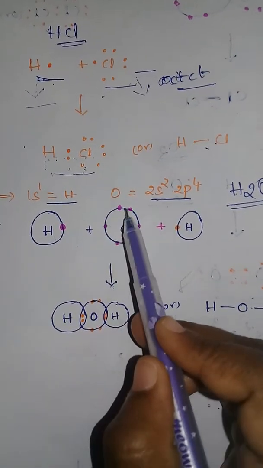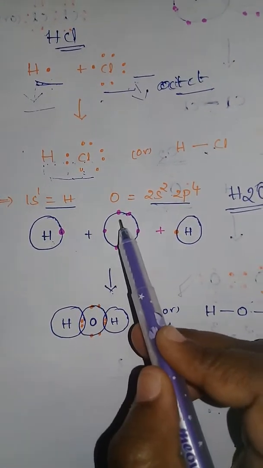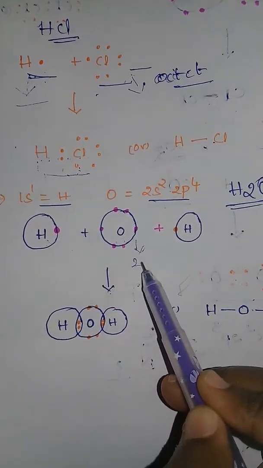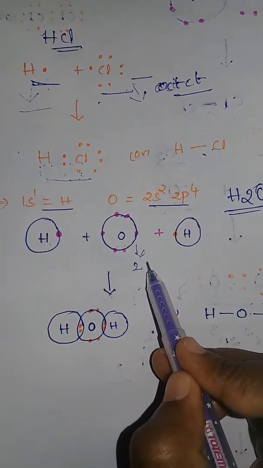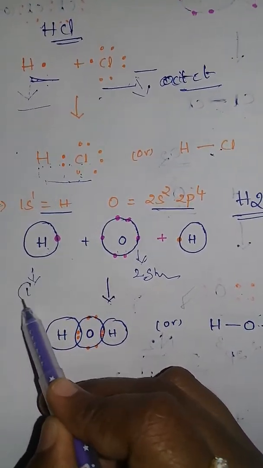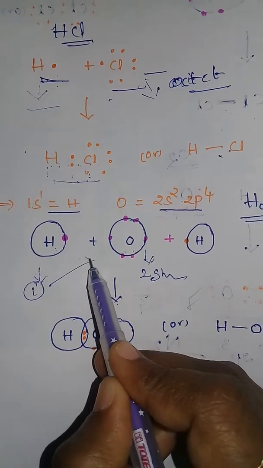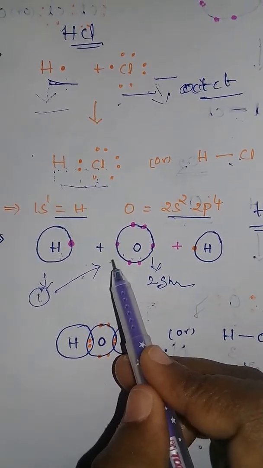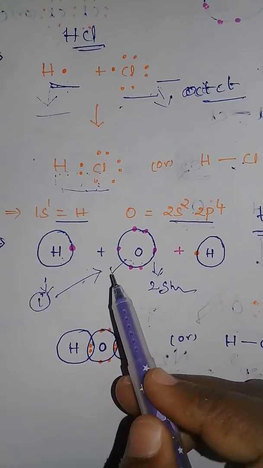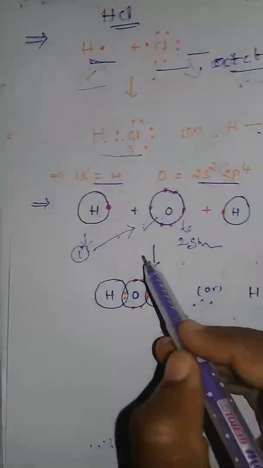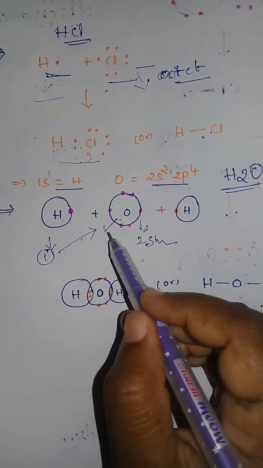Hydrogen has 1 valence electron and oxygen has 6 valence electrons. Six valence electrons means that to obtain octet structure, oxygen is 2 electrons short, and hydrogen is 1 electron short. By sharing 1 electron with the oxygen, oxygen is still 1 electron short of a stable configuration.